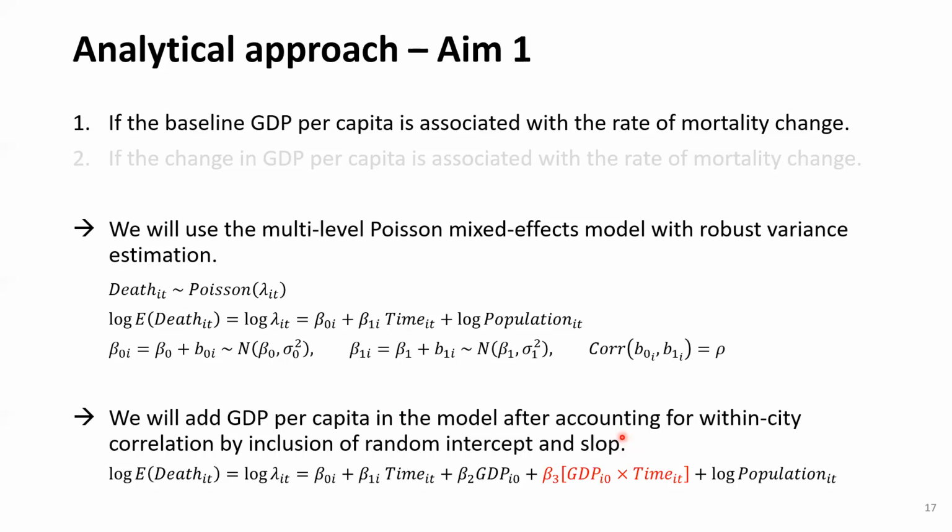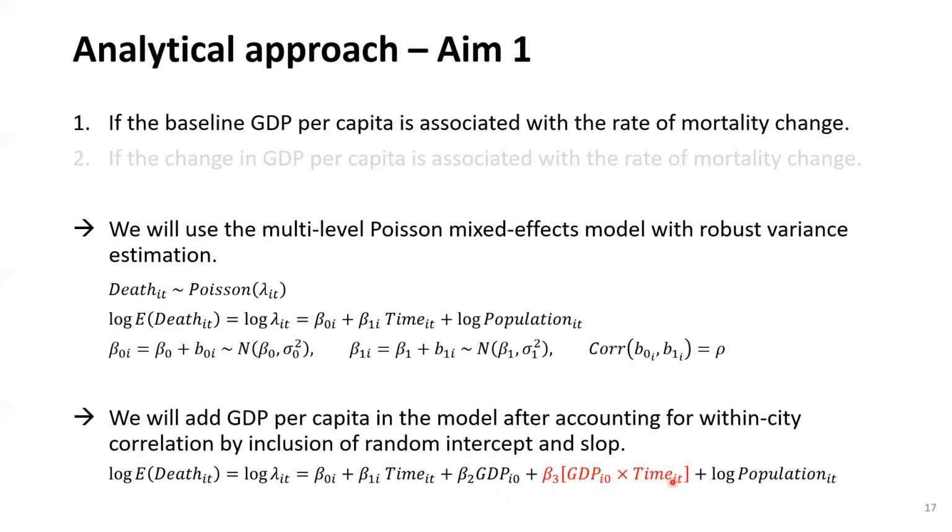And using this equation for M1, we include GDP at time zero, GDP_i0, meaning GDP of city i at time zero, as a baseline, meaning GDP as of 2005. We have data from 2005 up to 2015.